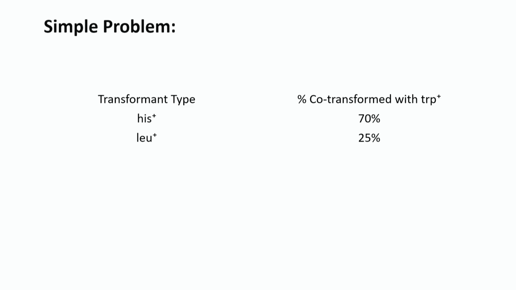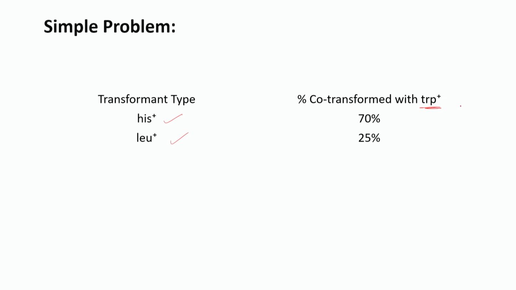Before we stop, I will help you understand two questions so that it will be easier for you to solve these kinds of questions. Let us say somebody is asking about transformation, and there are two genes shown on the screen, histidine and leucine, and the transformation efficiency of these genes with TRP.